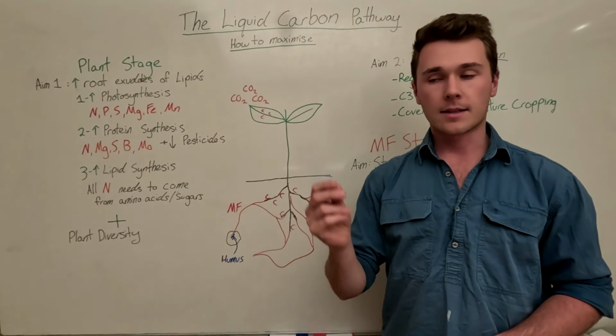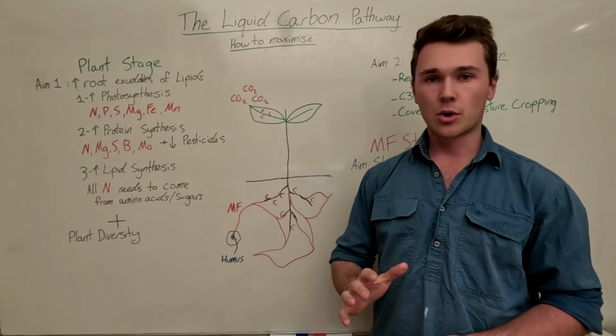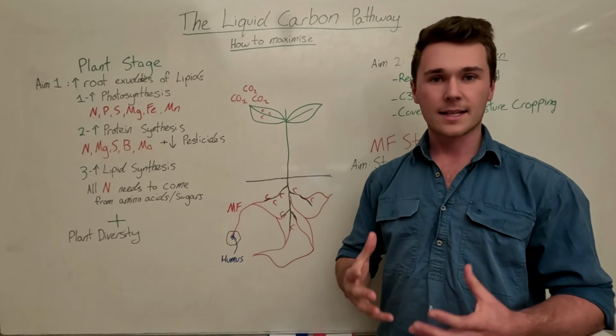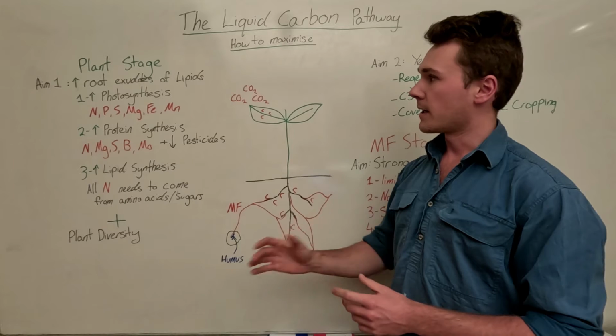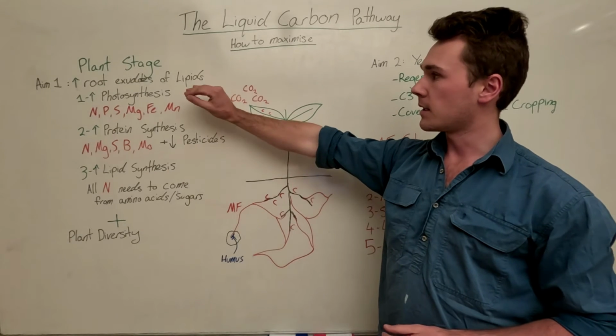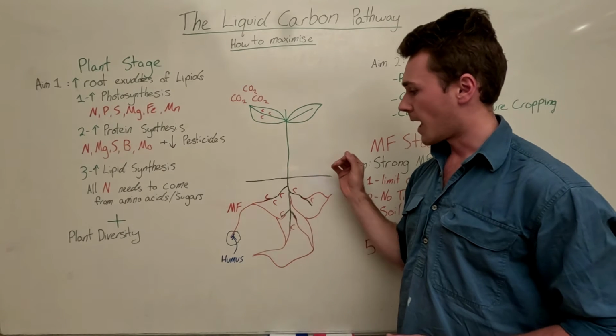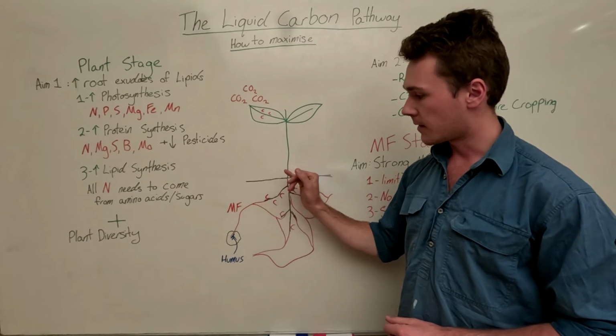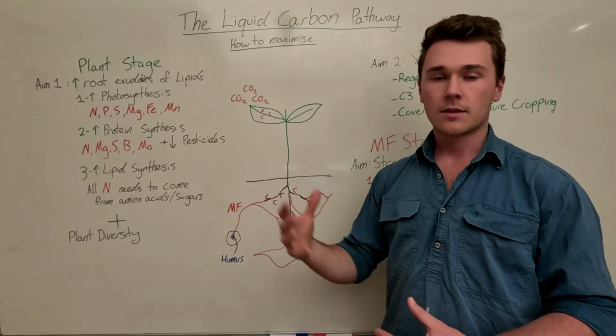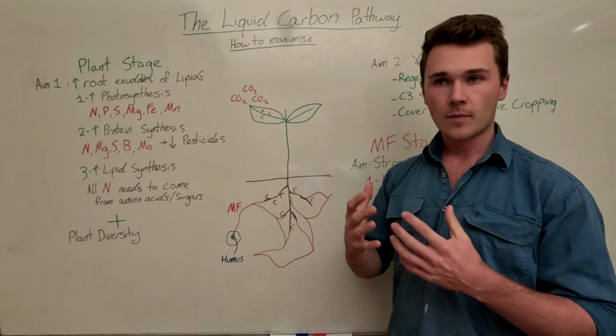It's estimated that humus is made up of about 40% lipid or fatty content, which means if we increase the lipid component of the root exudates, then it increases the energy that the mycorrhizal fungi have to then convert that into humus.